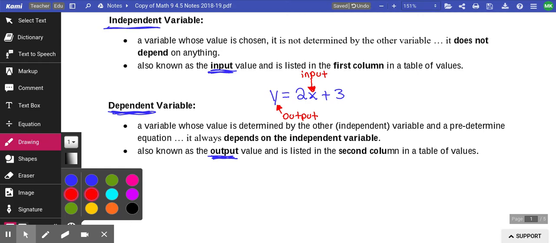But if I said, hey, you want an output, a y value of 2, I wouldn't be able to just calculate my input. And there'd have to be a lot of math that goes on. I'd have to move the 3 over, move the 2 over. It would be a lot of work to find the input value. So x is my input, because if I put in a value, it gives me an output instantly. Other way around, if I give you an output, it's a lot of work to find the input.